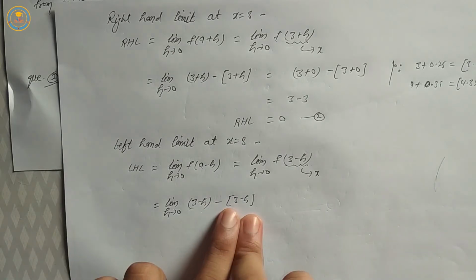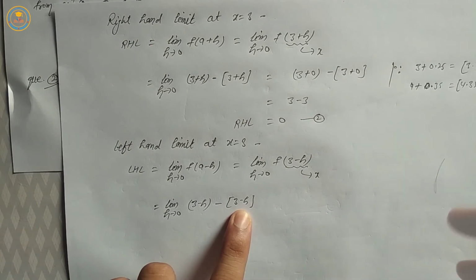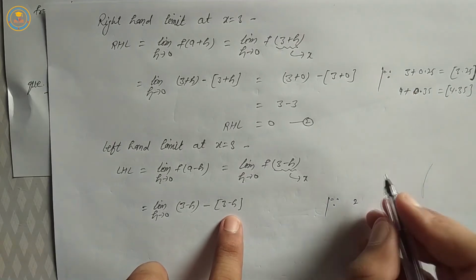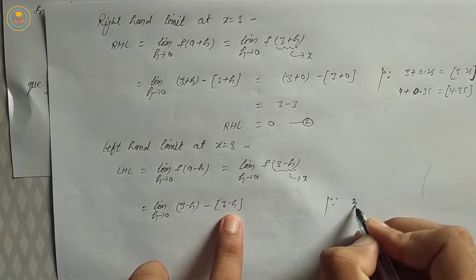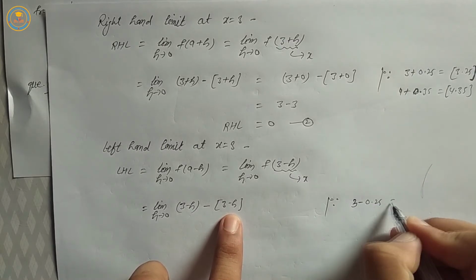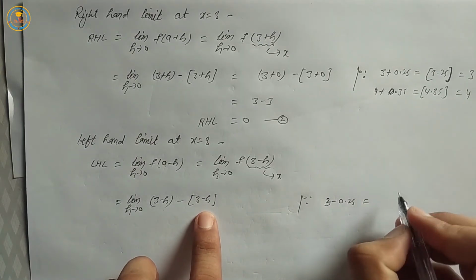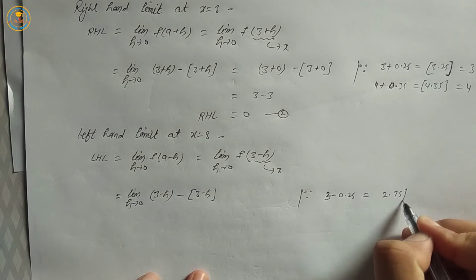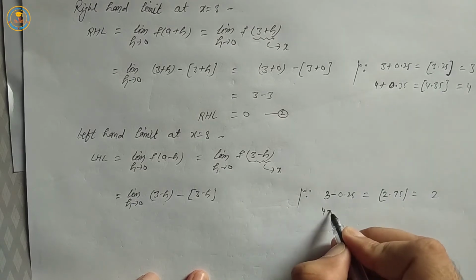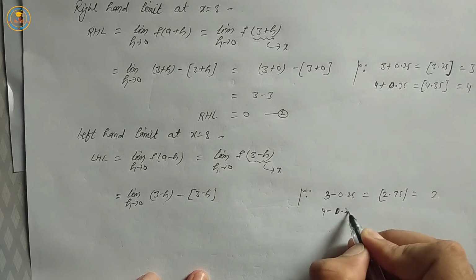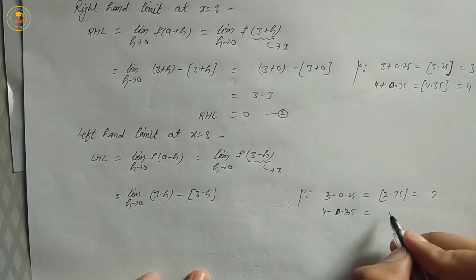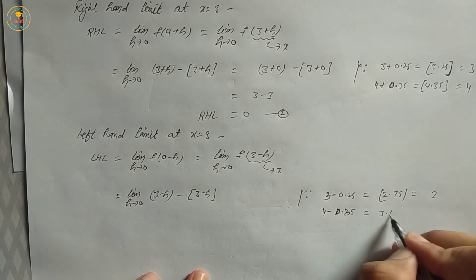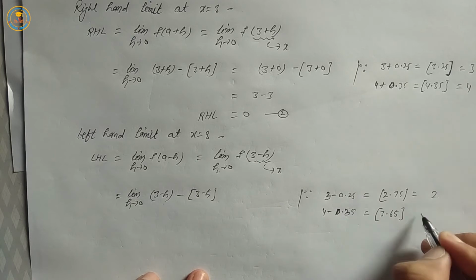3 minus h minus [3 minus h]. Okay, 3 minus h, it means 2 point something is equal to 2, because 3 minus 0.25 is equal to 2.75, the greatest integer is 2. 4 minus 0.35 is equal to 3.65, the greatest integer is 3.